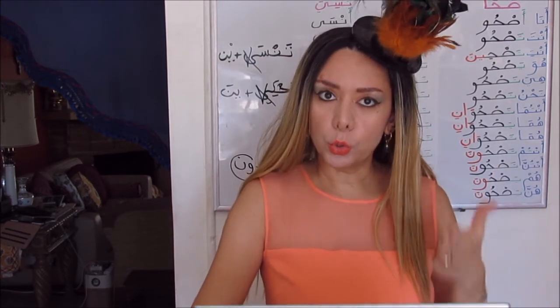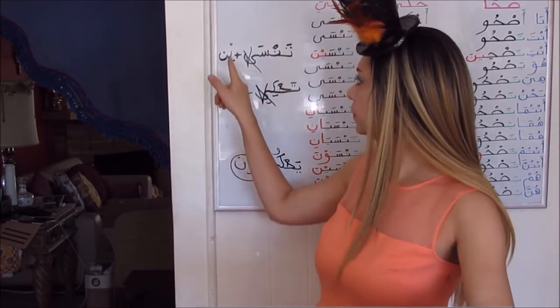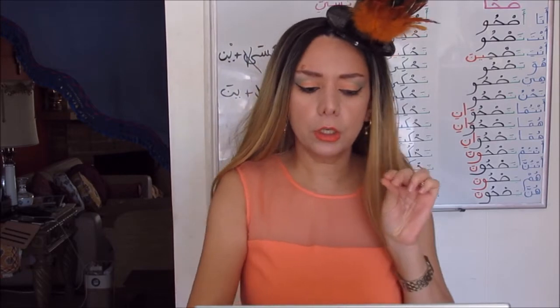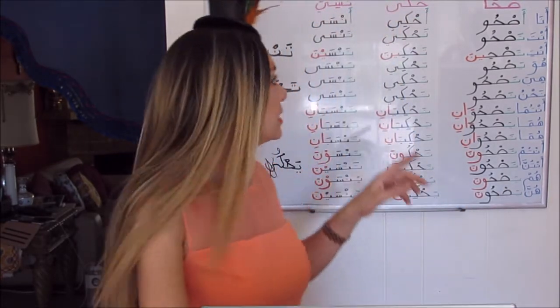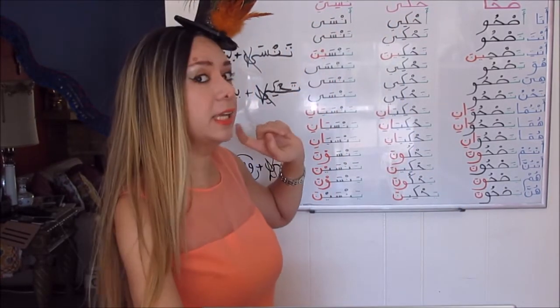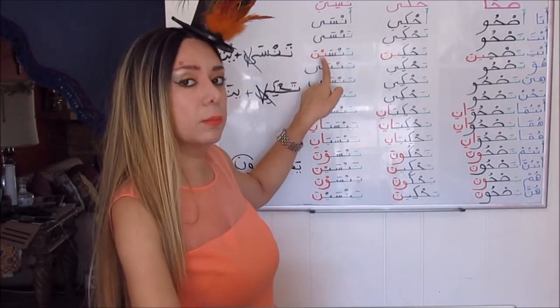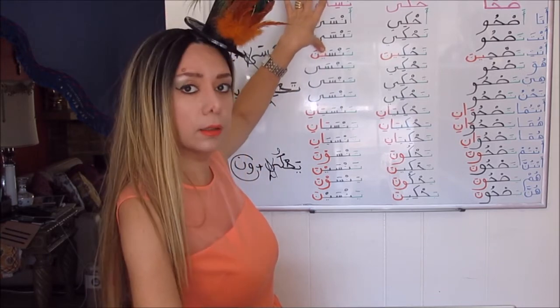So the sukun that marks the ya in here is the confirmation of the gliding vowels. Alright? So we have tansayna, and it is preceded by a fatha. Otherwise, we would say tansina.